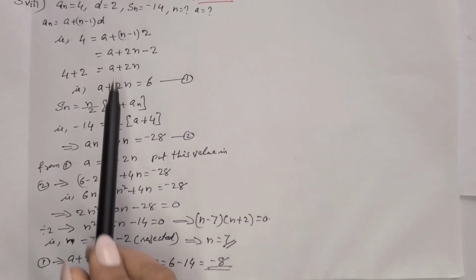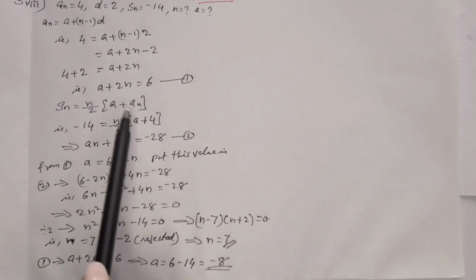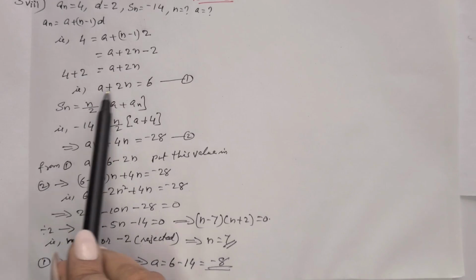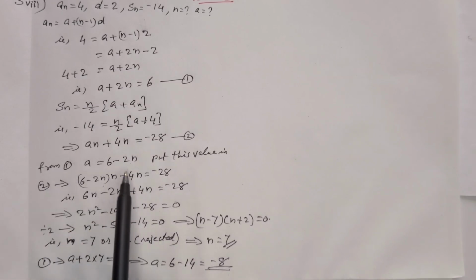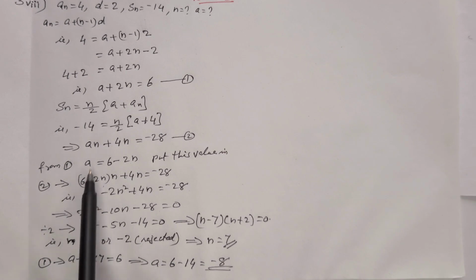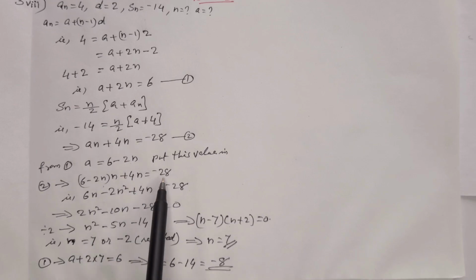Then we can do the substitution method. Two equations are there, two unknowns also. From equation 1 we can take a is equal to 6 minus 2n. Put that value in equation 2 in place of a. That means 6 minus 2n into n plus 4n is equal to minus 28.